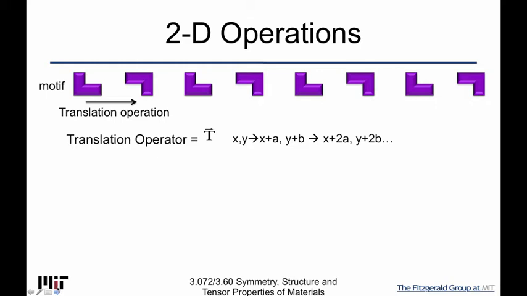So in other words, just adding a vector to that point, right? And then, of course, because it's translational periodicity, it can continue beyond there. And so in the same line, the next coordinates would be x plus 2a, y plus 2b. Right, so just to make that absolutely clear, all you're doing is saying here's some original point x, y.